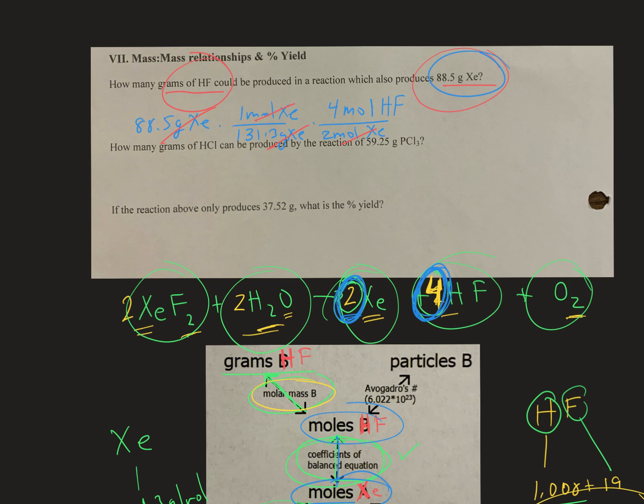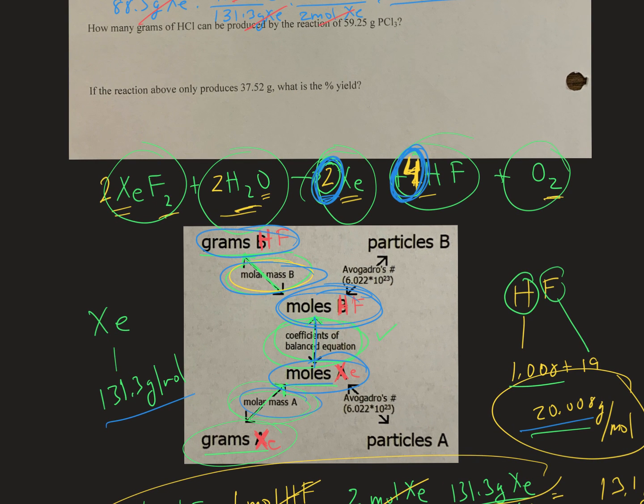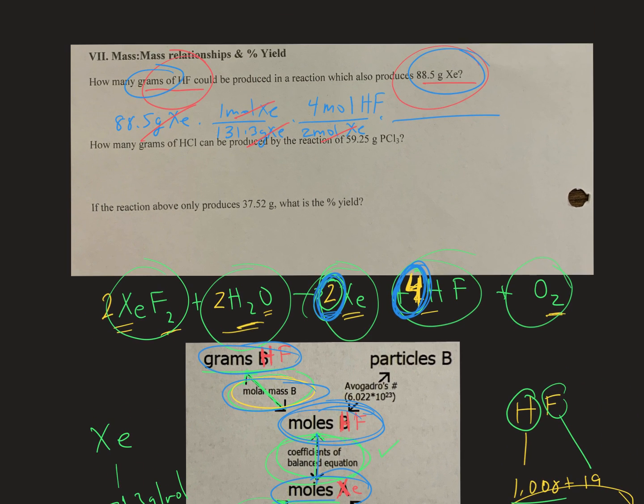And we want grams because our question says how many grams of HF. So now we're here, and we got to go to here using the molar mass of HF, which is 20.008. So what goes on bottom? What don't we want? Moles of HF, and we want to go to grams of HF.